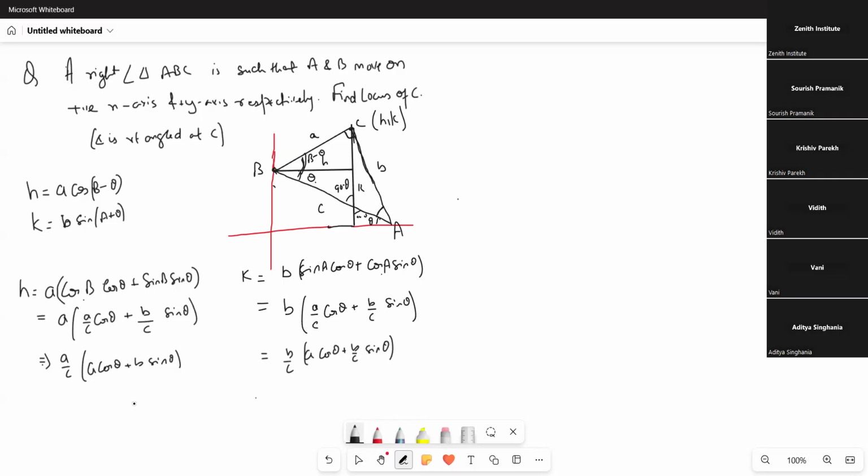Divide both, and x by k is equal to a by b will come, which is like bh is equal to ak. Now what would be the locus of bh is equal to ak? This is like y is equal to b by a x.